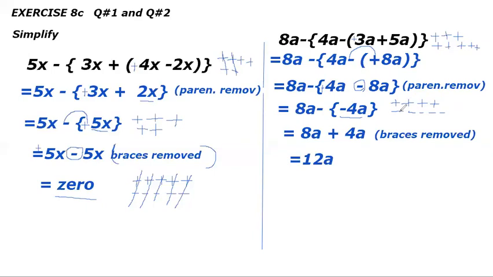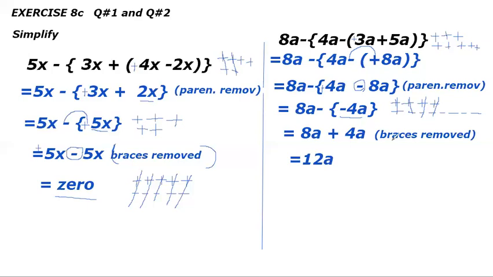Now this is my favorite part when I cancel a negative sign with a positive sign. 4 negative signs are left over. That's why negative 4a. That's why positive 4a and negative 8a gives us a negative 4a. And I will place this negative 4a inside the braces because there is a negative sign outside.